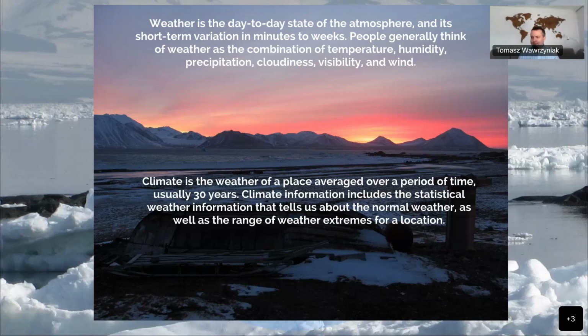There is also a comparison of the weather to a daily newspaper, and the climate to a history book. It's not something that changes every day, but a long-term period.